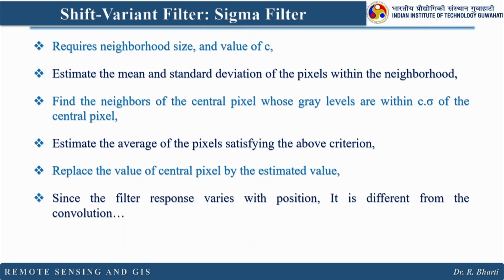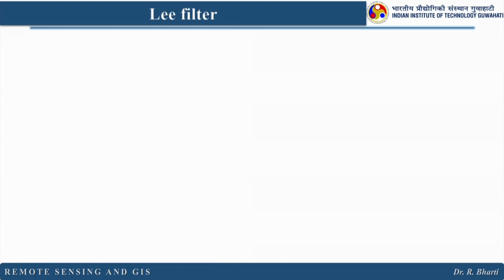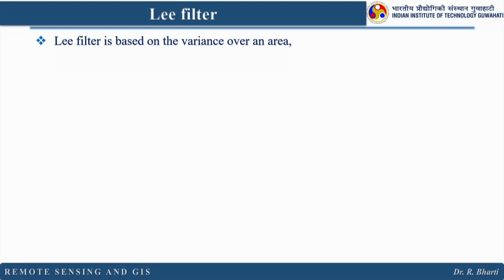Since the filter response varies with position, it is different from convolution. Remember, this is not convolution. Why? Because the filter response varies with position. This is very important. So the next filter type is the Lee filter. Here the Lee filter is based on the variance over an area.